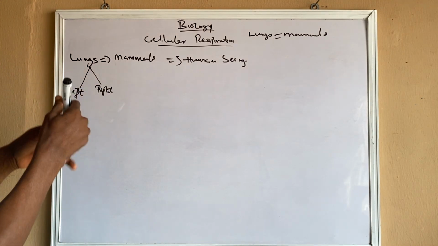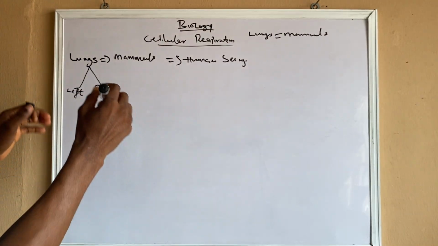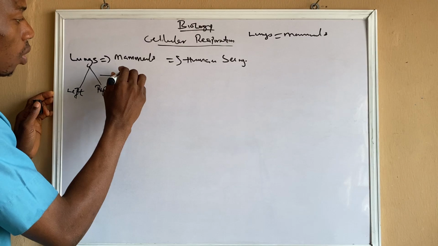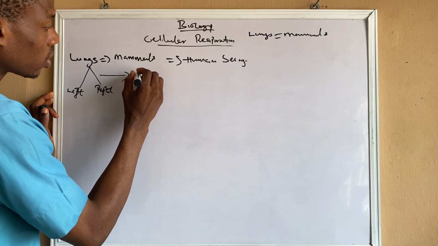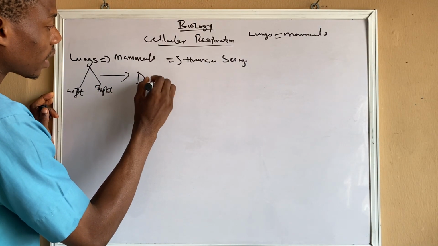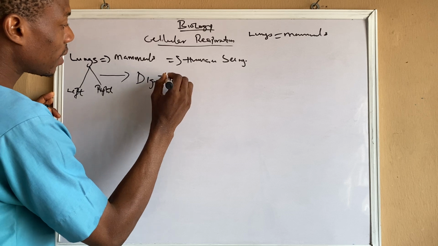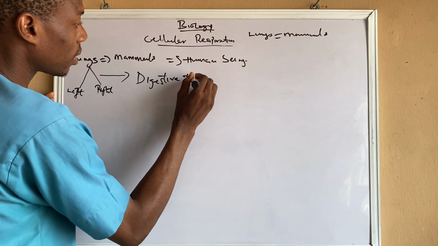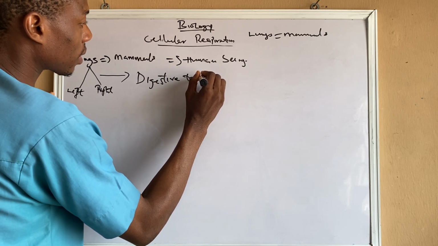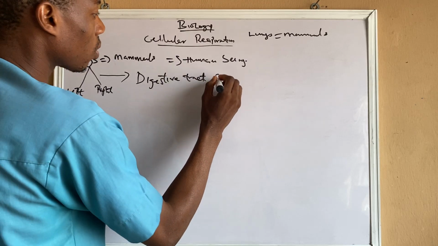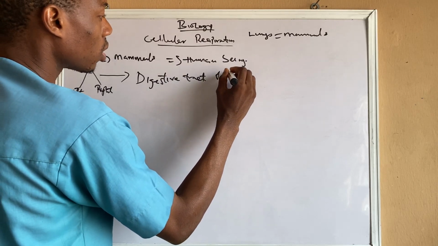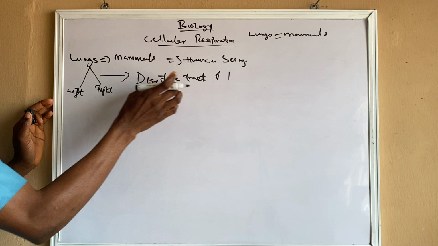And this lung that is divided into 2, one of the lungs goes into the what? Digestive tract. And the other one goes into the what?